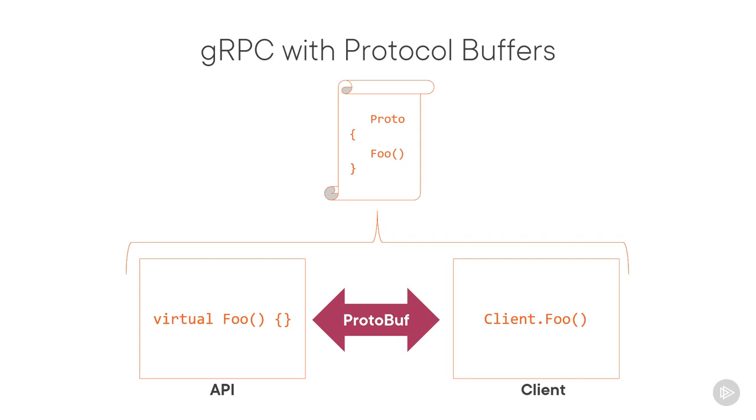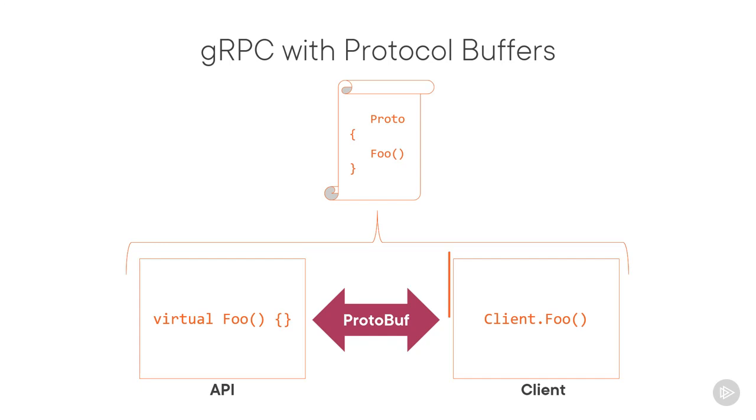The contract, the proto file, is shared between the actual API and the application that uses it, called the client here. Both have tooling that can take the proto file and generate code from it. On the server, this results in a generated base class with virtual methods, enabling us developers to write the implementation for it.